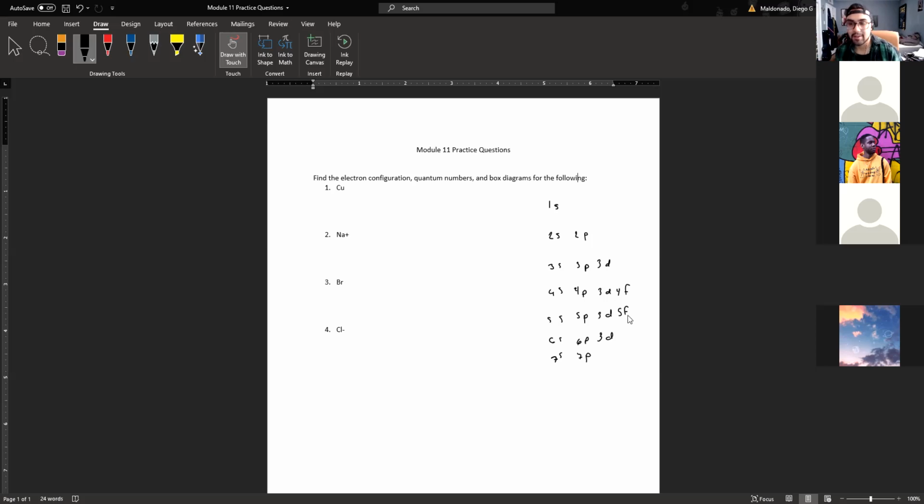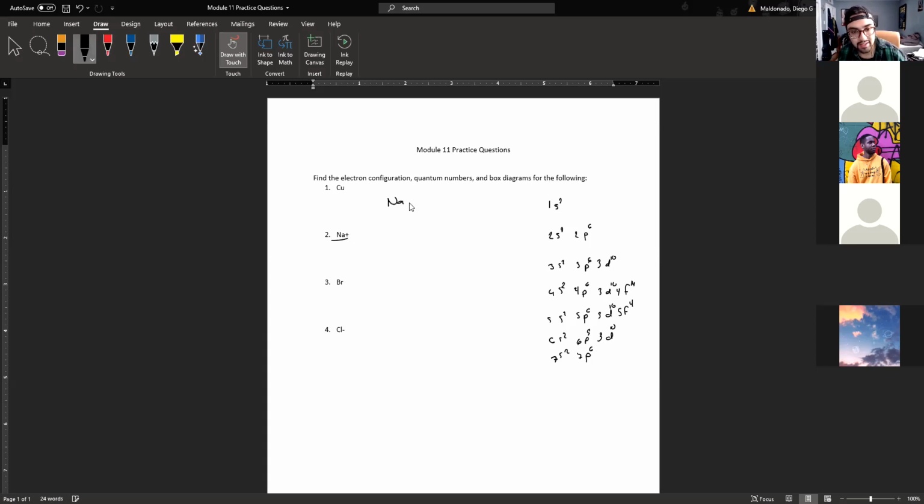So there's 2 electrons in the S subshell, 6 electrons in the p. How many does the d orbital hold? 10. And the F? 14. There you go. Okay, so let's do sodium to start us off.